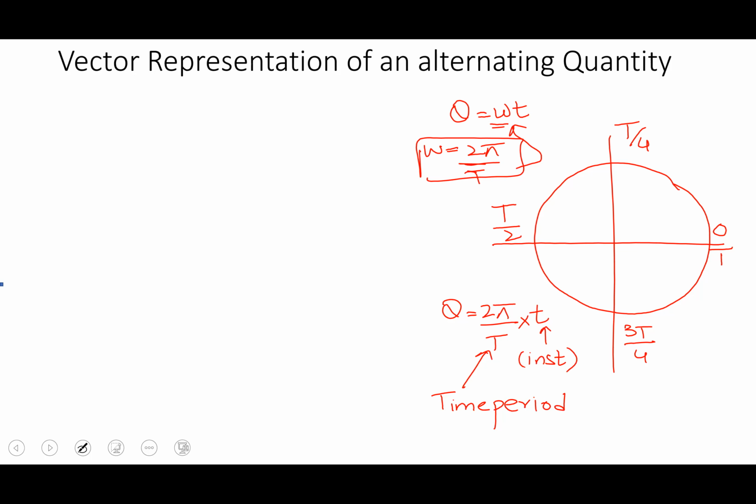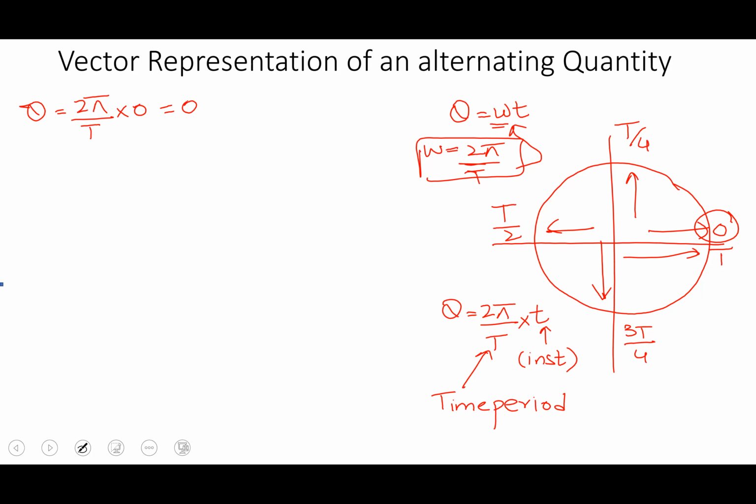So if we want to find out the value of radian at this point, this point, this point, and the point again T, we have to put the values turn by turn in this formula, theta is equal to 2 pi divided by T. So instead of t, I'm going to put in the value of 0. So the angle at this point will be equal to 0 radian.